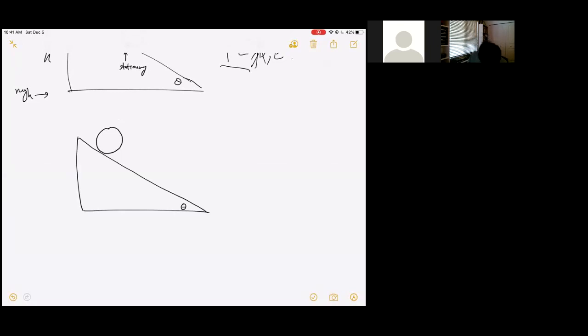Okay. So what are the forces on this object? There's gravity. There's friction. And there's normal force. Let me just draw that again. Okay, so those are the three forces on the object.